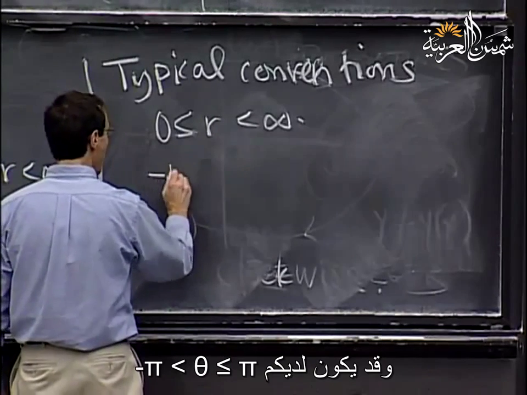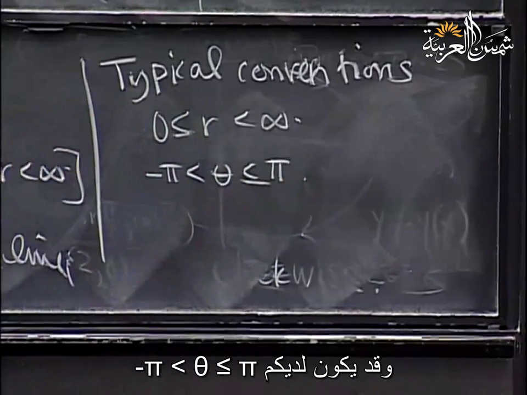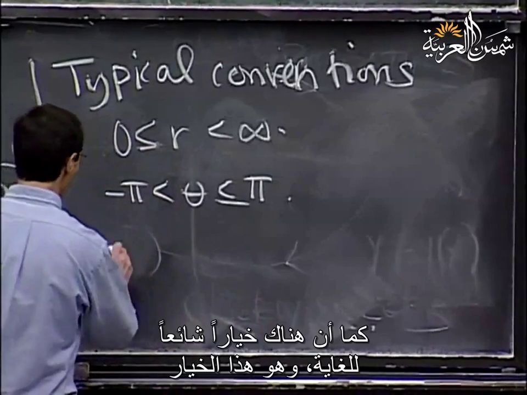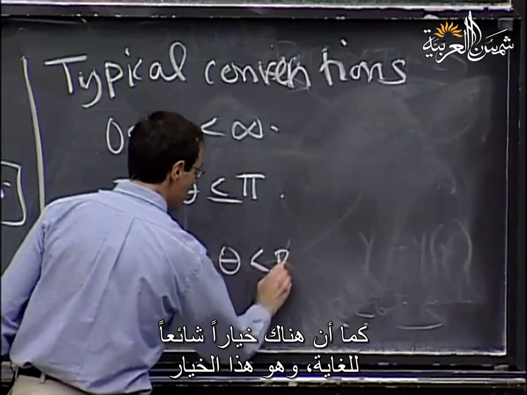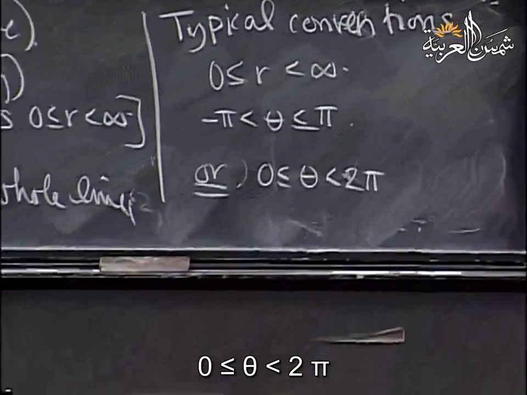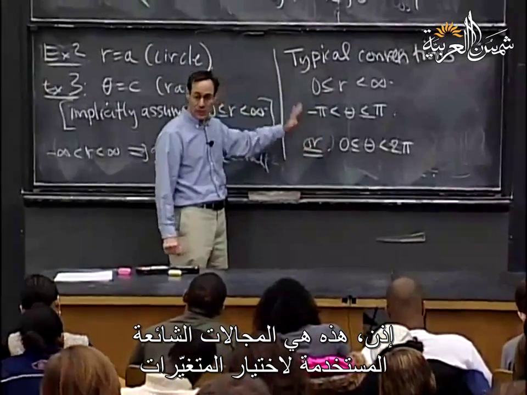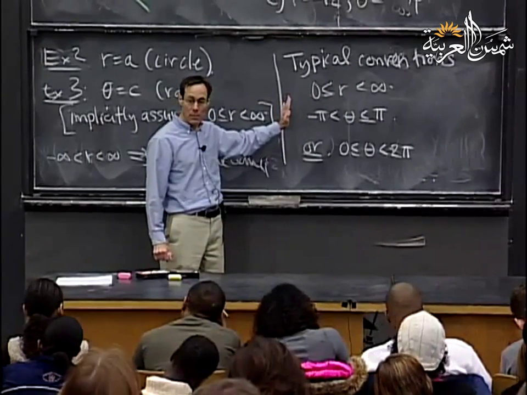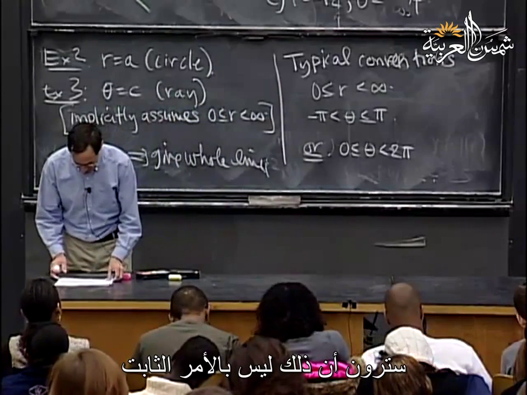And then you might have theta ranging from minus pi to pi, in other words, symmetric around 0. Or another very popular choice is theta greater than or equal to 0 and strictly less than 2 pi. So these are the two typical ranges in which all of these variables are chosen. But not always. You'll find that it's not consistent.